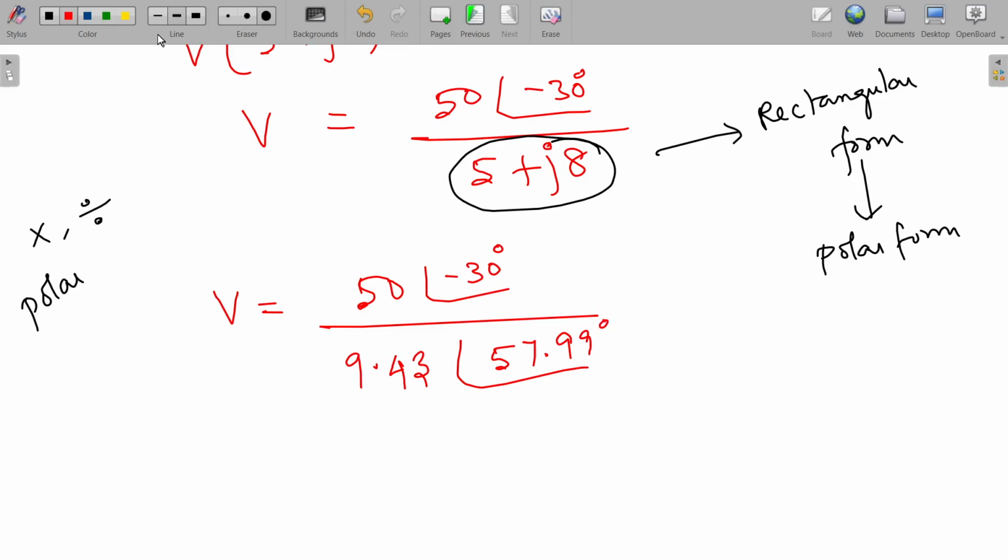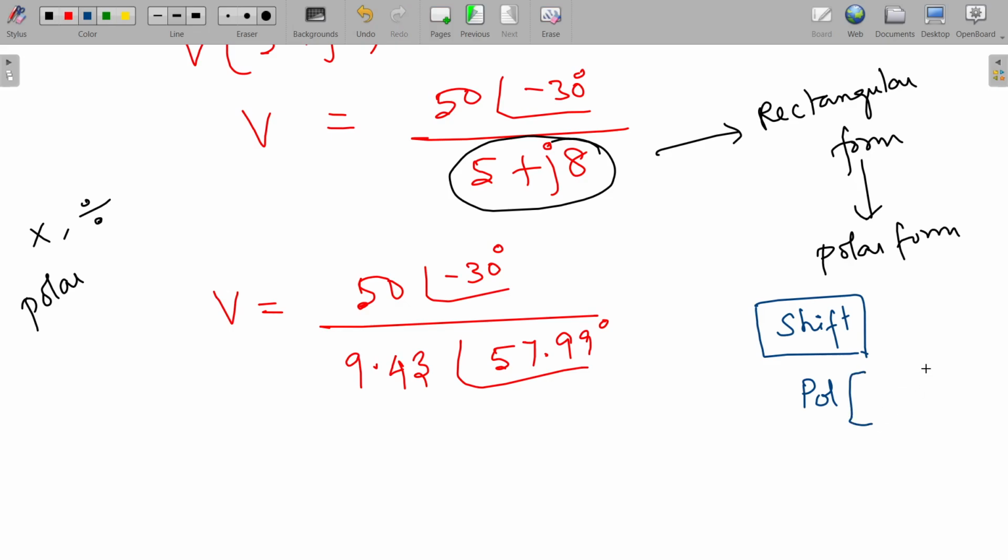Actually, this can be done using your calculator. You press the shift key, then press the polar key, which is available there.